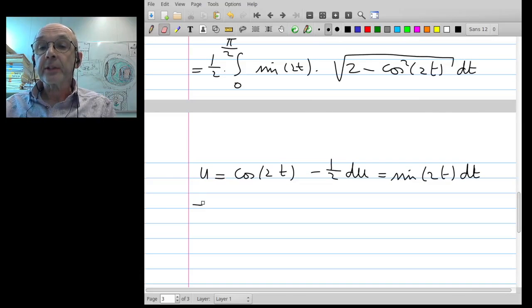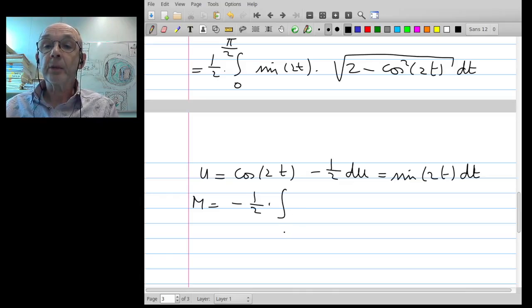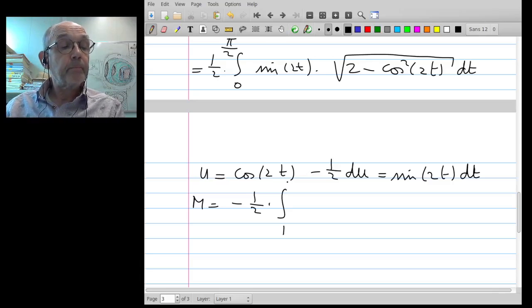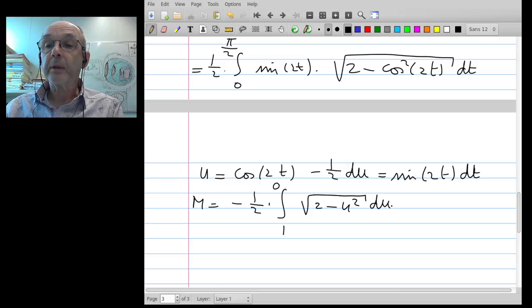That gives us that the mass we are still calculating becomes minus 1 over 2, and then the integral from, if t is 0, the cosine becomes 1, and if t is pi over 2, the cosine of pi becomes minus 1. We go from 1 to minus 1, and then we have also 2 minus u squared, du.